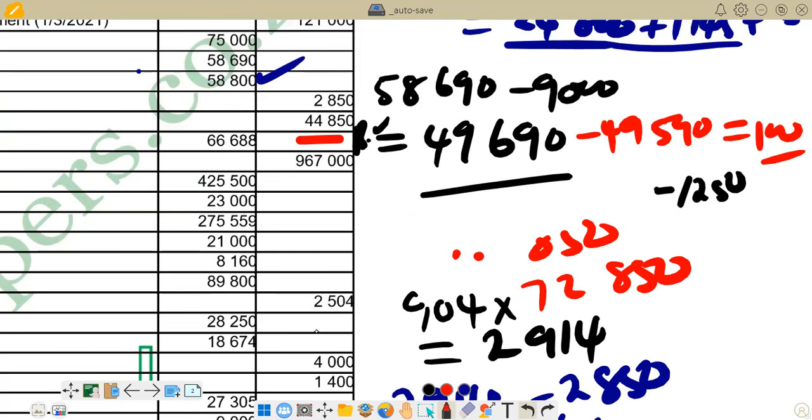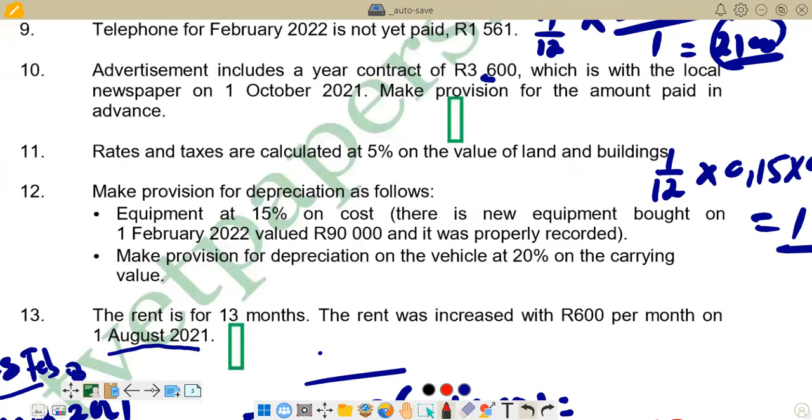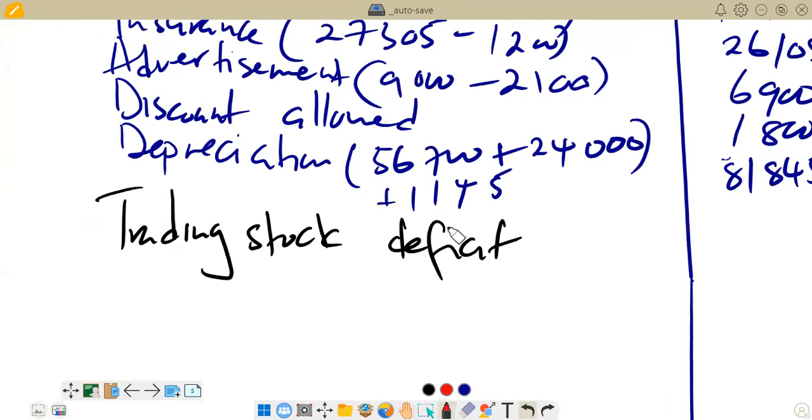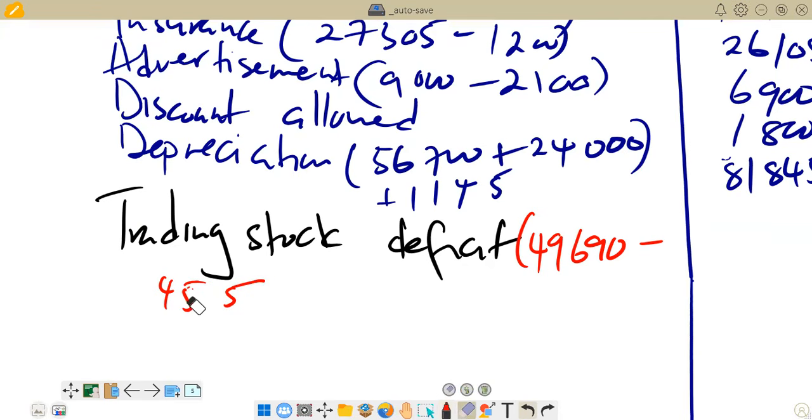So this is what we are going to summarize in the working, to find our deficit: $49,690 minus 49,590.